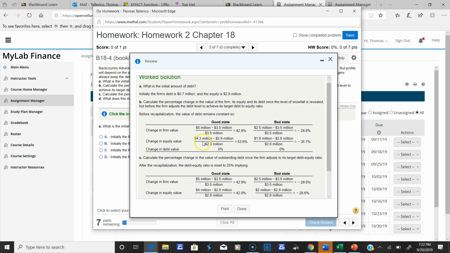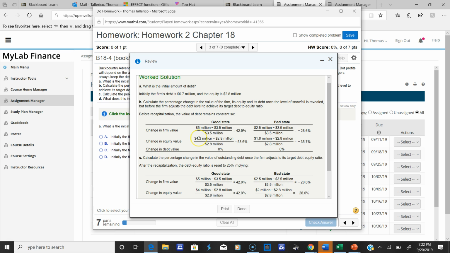Now the change in the equity value. The company is worth 5 million, but we're going to keep the debt constant. The debt's going to stay at 0.7 million. So the equity is now going to be 4.3 million. 4.3 plus 0.7 should give you 5 million. This is the original equity of 2.8. So the change in equity value will be 53.6%. This is the net change in the equity.